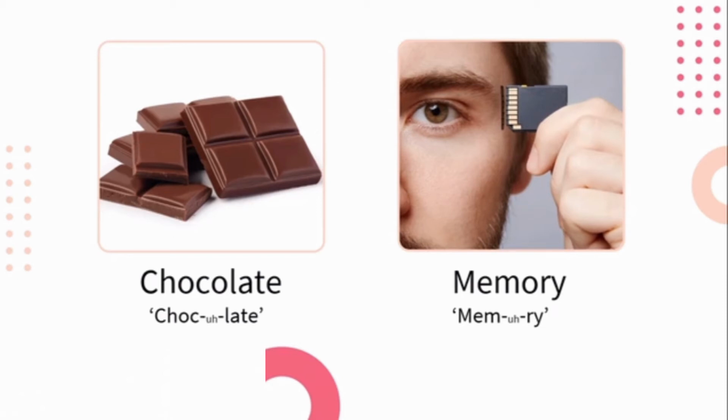You might be able to hear a slight sound when I say memory and chocolate. And if I speak really slowly, you will probably notice the sound. But it's usually very silent. Try to say it with me. Chocolate. Memory. Great job.